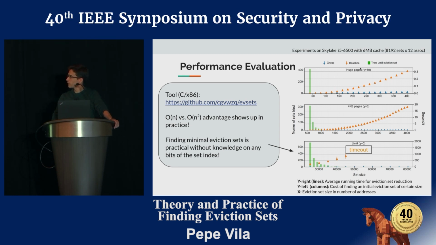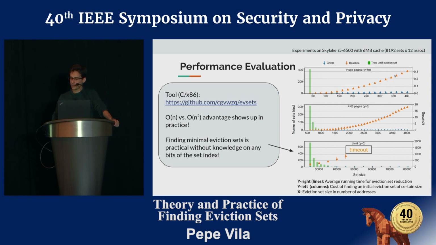For instance, here we have three figures. The first one represents an attacker that has complete information about the set index bits. So it only needs to pick a few addresses to find a large eviction set and then reduce it. The second figure represents an attacker with partial information about the set index bits. And this last one is an attacker without any bit of information about the set index bits. So this is the average real execution time of the reduction.